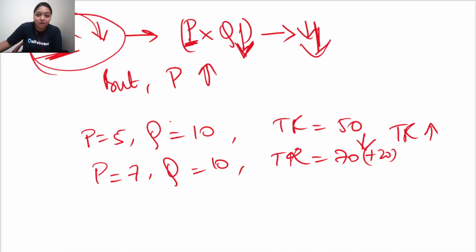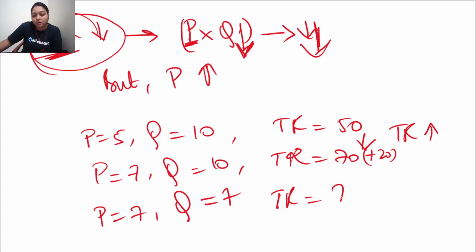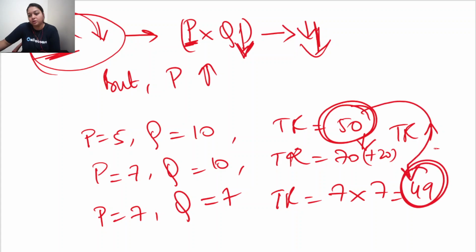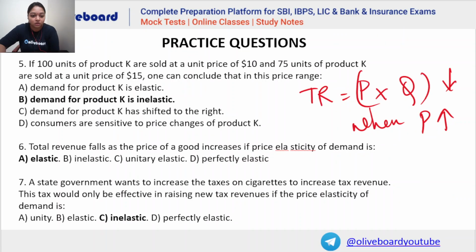So that means when P increased to 7, Q should have fallen to, let us say, 7. Then total revenue becomes 7 into 7, that is 49. Then total revenue which was 50 has decreased to 49, that is minus 1, right? So when price increases, quantity demanded is decreasing. That is what they are telling, right?